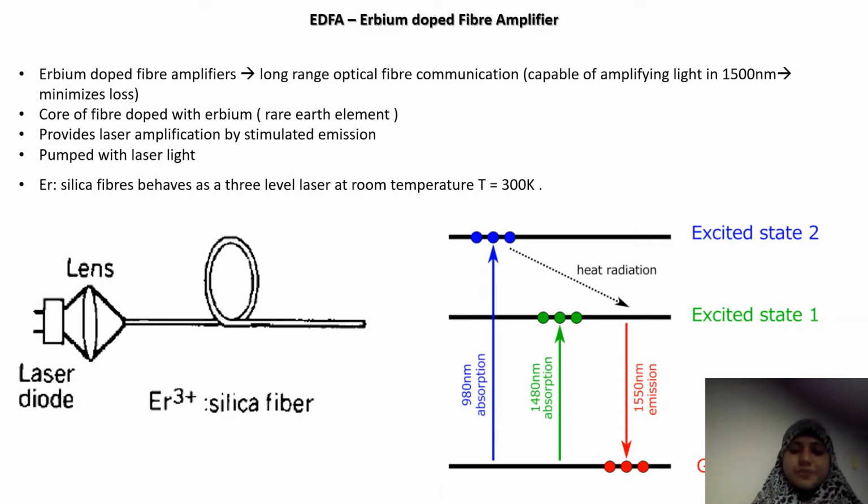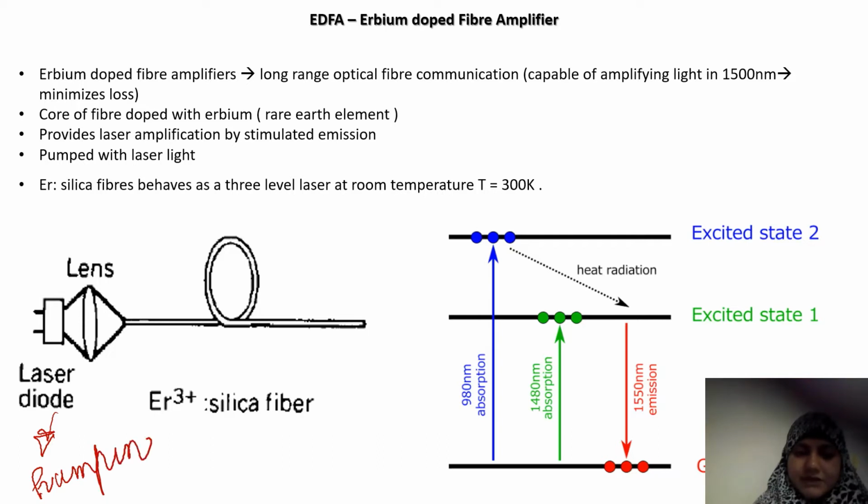So this is stimulated emission. That means we need to pump the atoms in the ground state to one of the excited states. For pumping, we are using a laser diode. So here we have a laser diode, and it is used for pumping.